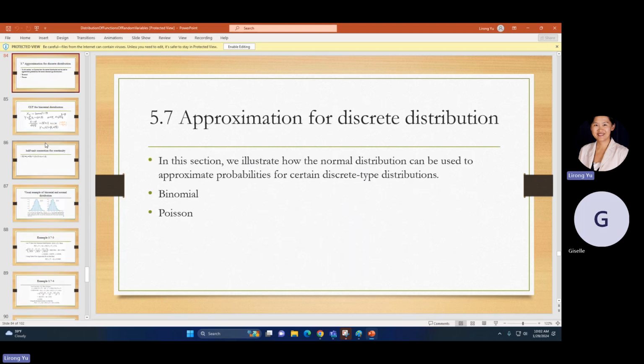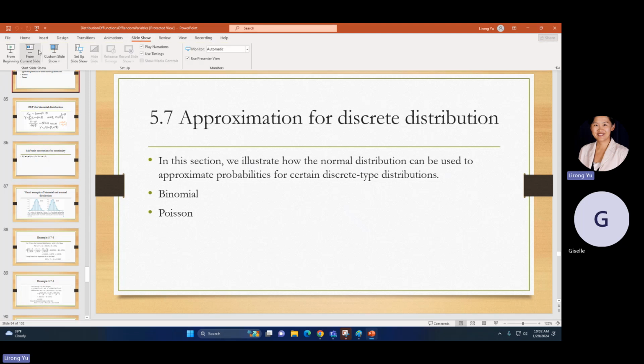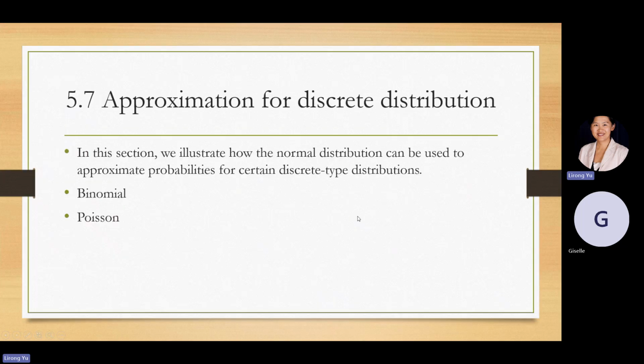Sometimes, for a high sample size, the calculation of some discrete distributions can be hard. For example, in the binomial distribution, if the trial number is 200, then the probability calculation can be very time consuming. So we can use the normal distribution to approximate the binomial distribution.